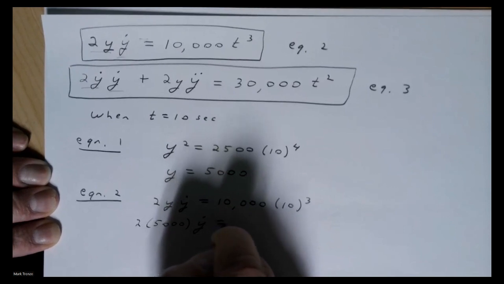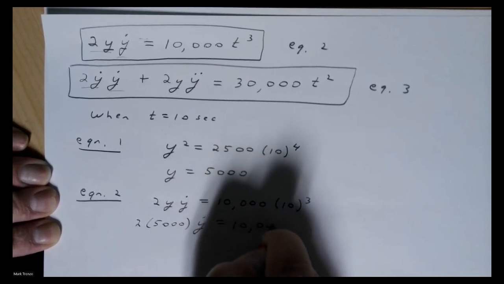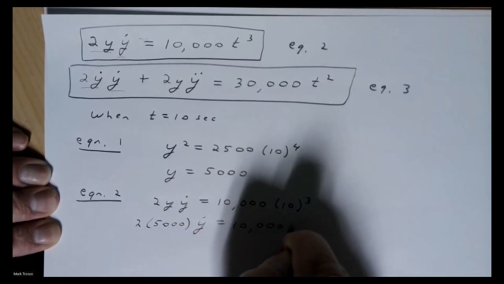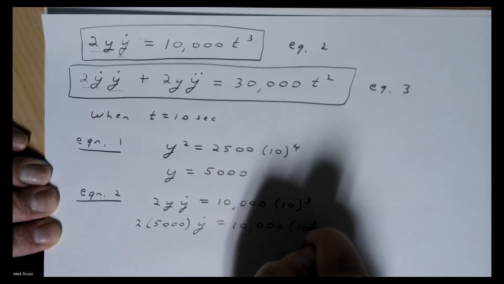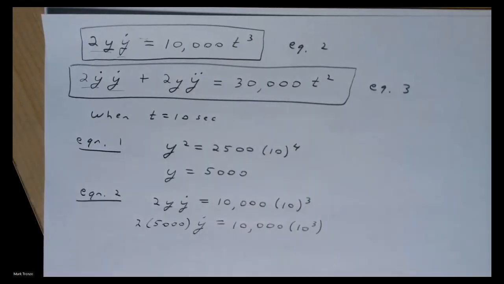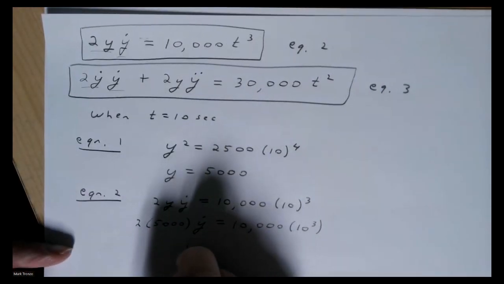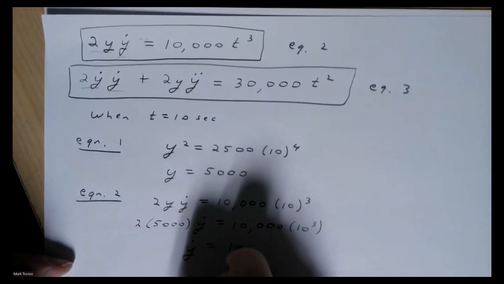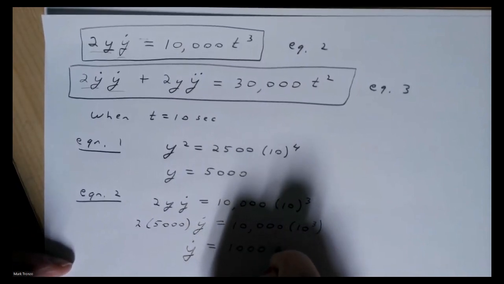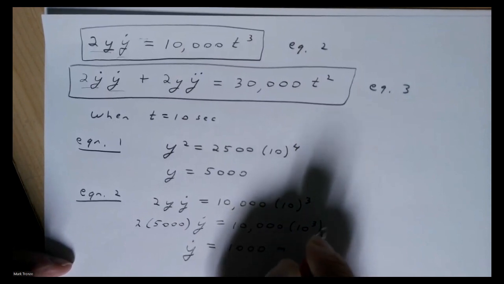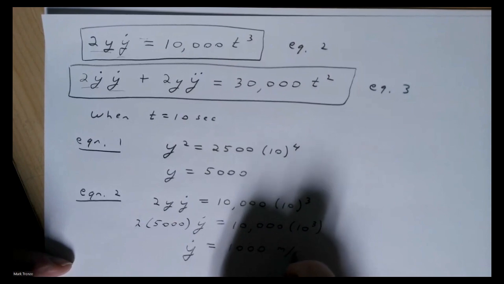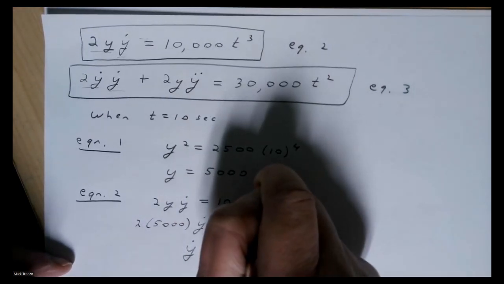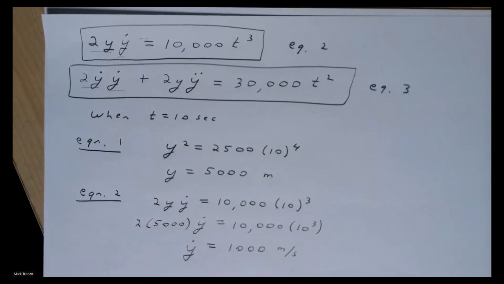Y dot. And cubed like this. And when you put this all in your calculator, you get 1,000. And what were these? We were in meters. Meters per second. Actually, we had meters up here, like this.